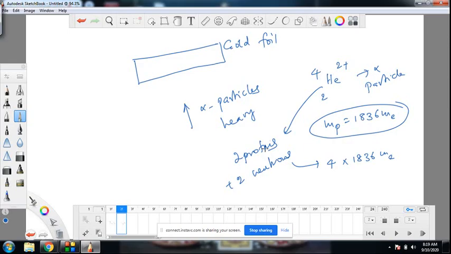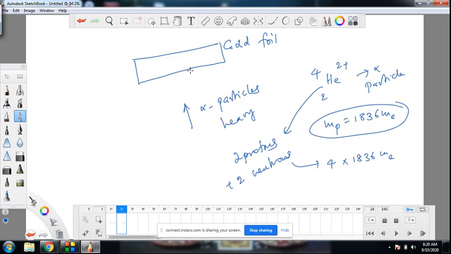So when alpha particle goes and collides with any of the electrons of the gold atom, the alpha particle will not be deviated much, but the electron will be kicked off, going this way and that way. But if alpha particle encounters the nucleus of gold, which contains many protons and many neutrons, then alpha particle should be deviated.